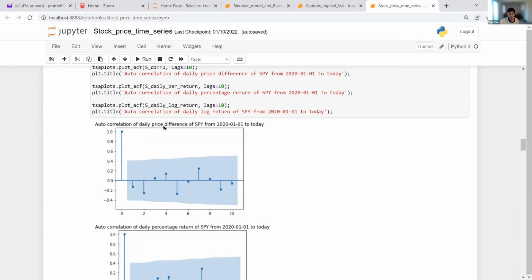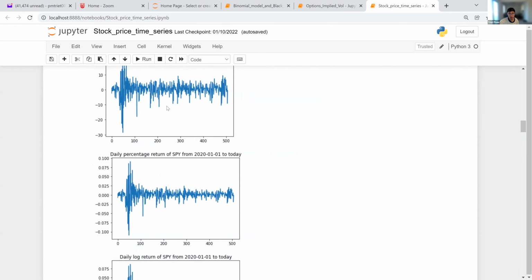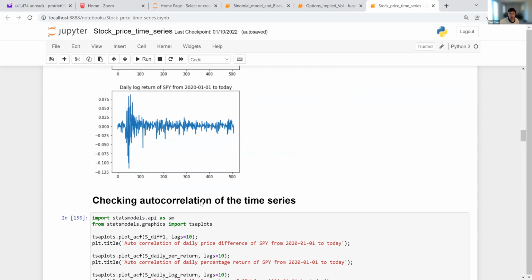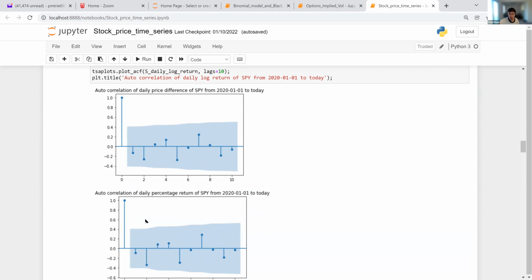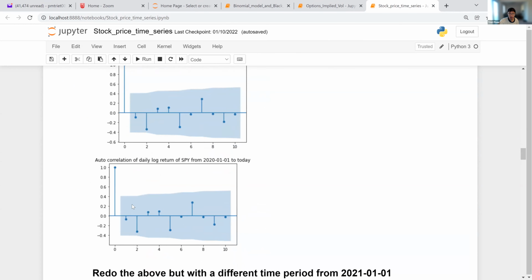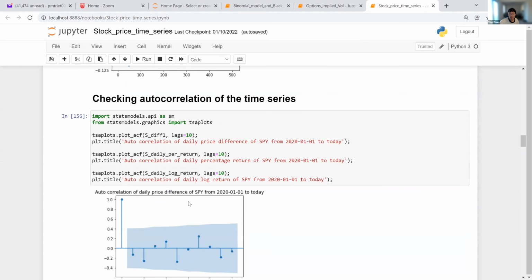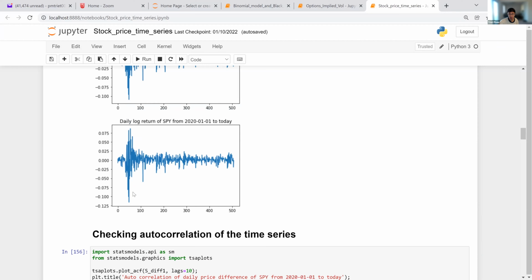This is starting with the price difference. So just the correlation of these three guys. Ideally, if they're white noise, then the autocorrelation with different lag should be small. And we don't see small autocorrelation. That probably has to do with this unusual time period here.